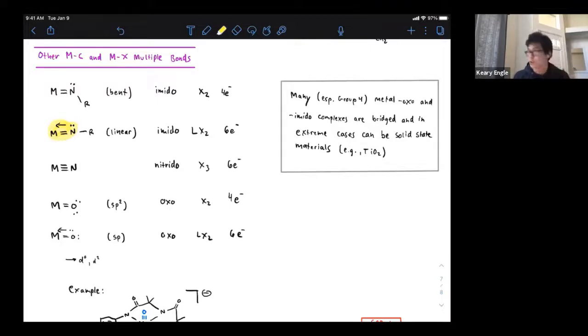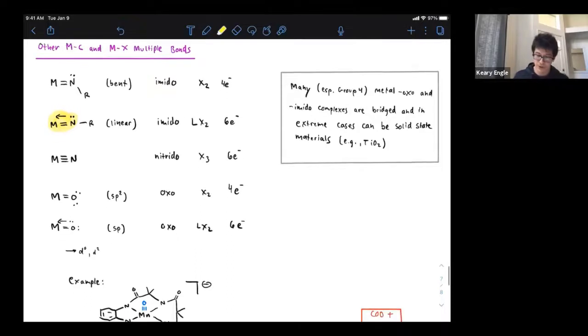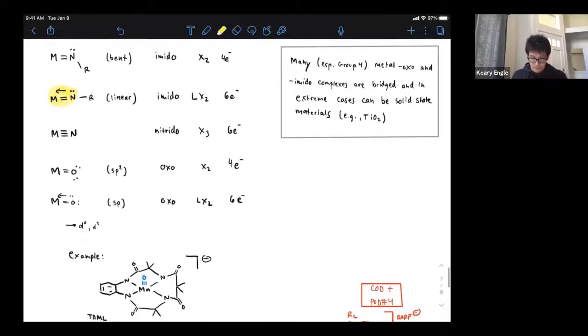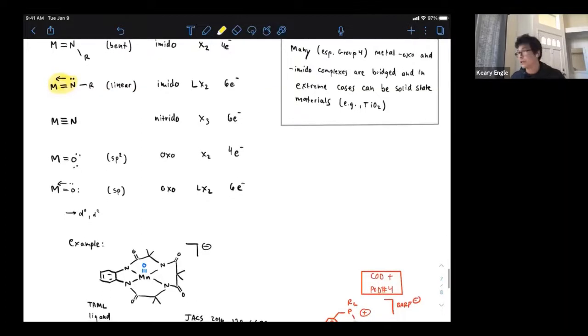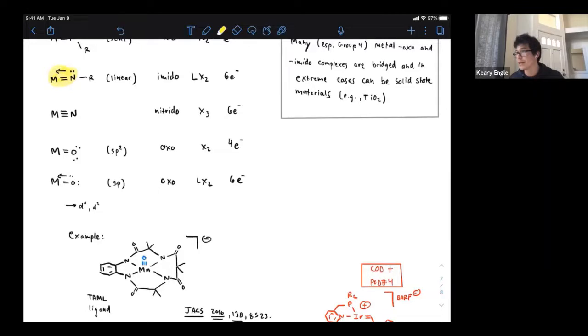And often this will actually just be drawn out as triply bonded for clarity. And in this case, it would be an LX2 ligand, just in direct analogy. So here's an example from the group of Terry Collins, this TAML manganese oxo complex, with a reference to contextualize what I mean here when I talk about triply bonded oxos.